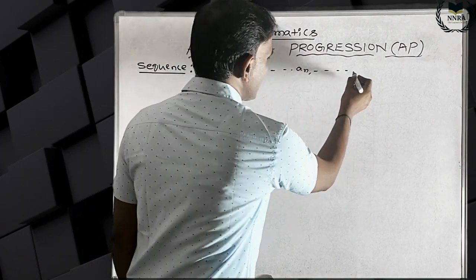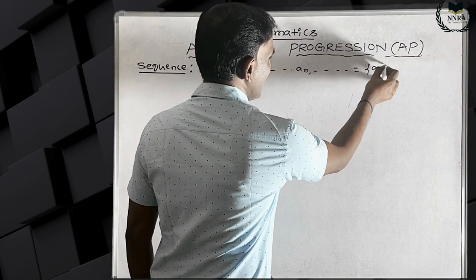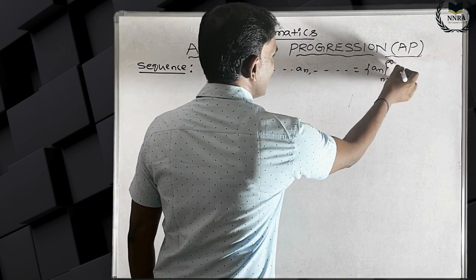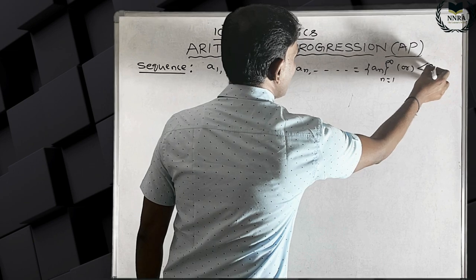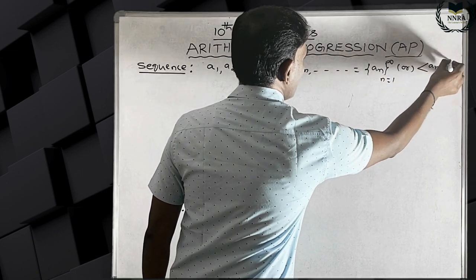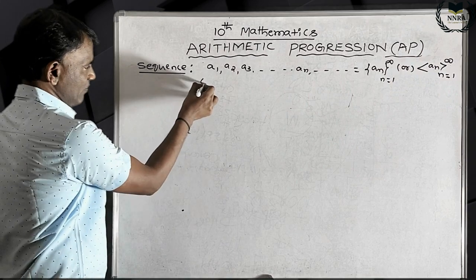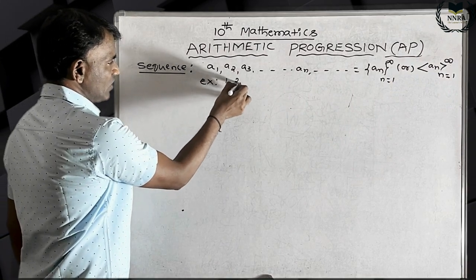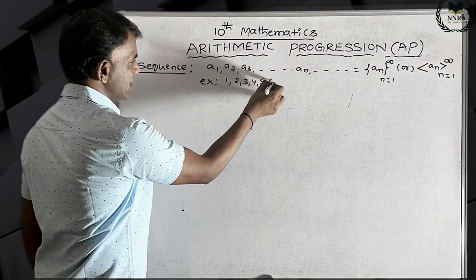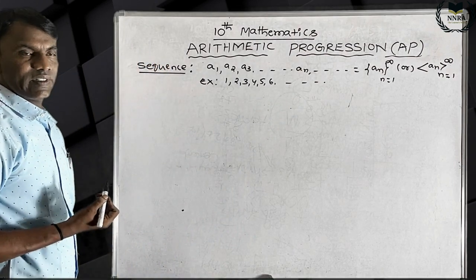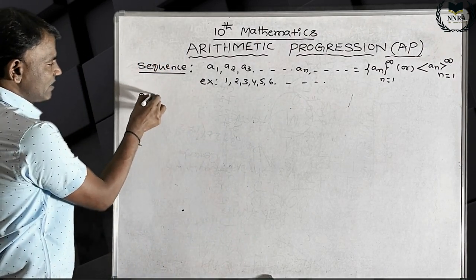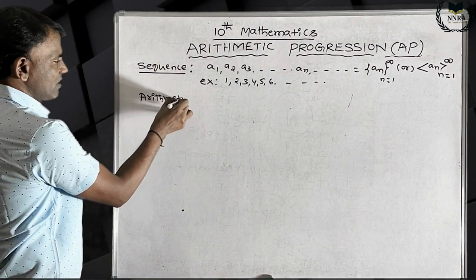The same can be written as the set of an for n equal to 1 to infinity, or represented by this symbol also. So that is the meaning of sequence. For example, 1, 2, 3, 4, 5, 6, etc. Clear? And coming to the next one, arithmetic progression.